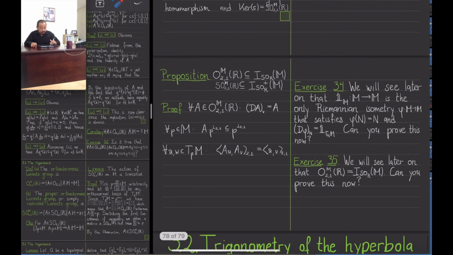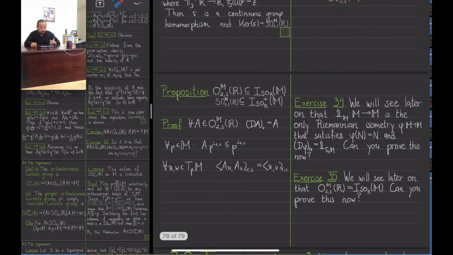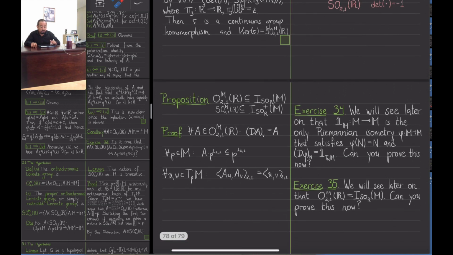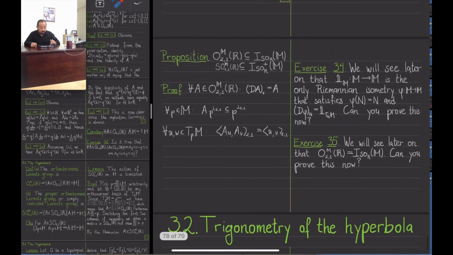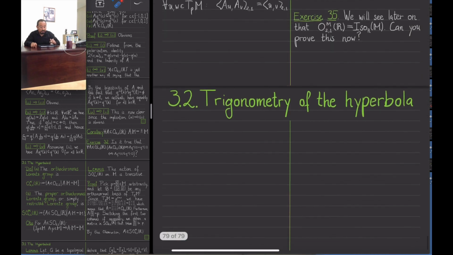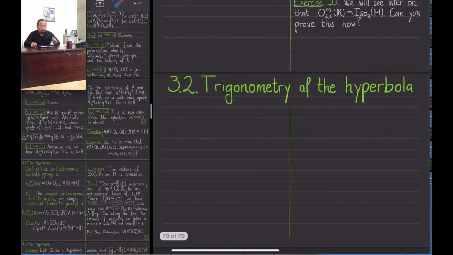But before that, at this point, we have to talk about hyperbolic cosine and hyperbolic sine. I mean, in general, this is the moment where the hyperbolic trigonometric functions appear in the course. So I have to make a parenthesis and speak a little bit about the trigonometry of the hyperbola, and then we will come back.